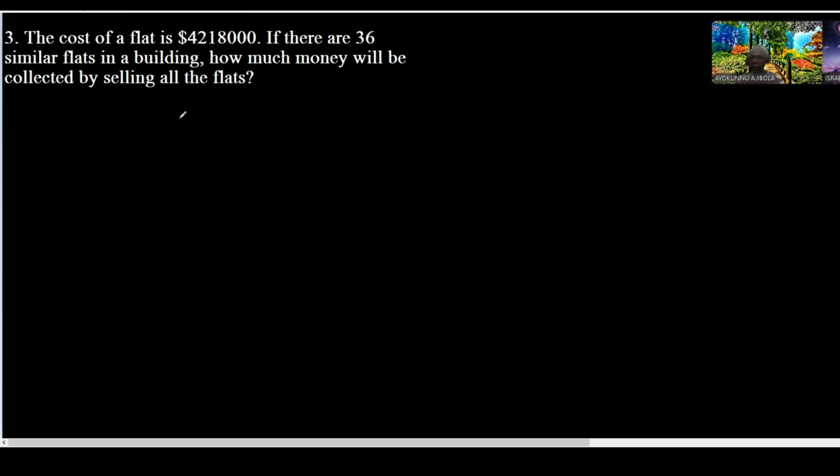So we have 4,218,000 times 36. Here we're going to have two layers of multiplication.